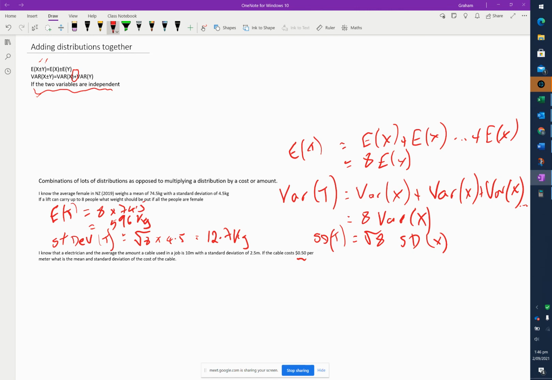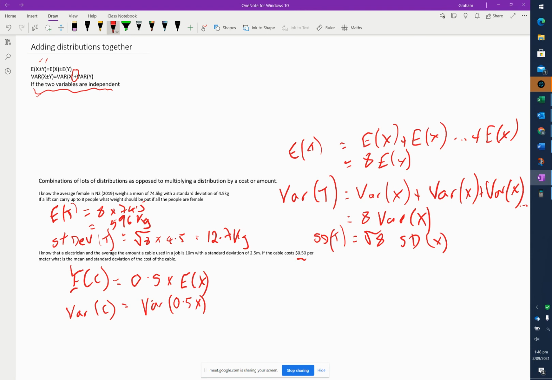That is different from this one because the expectation of his cost is 0.5 times the mean, and his variance is the variance of 0.5 times the variance cost.